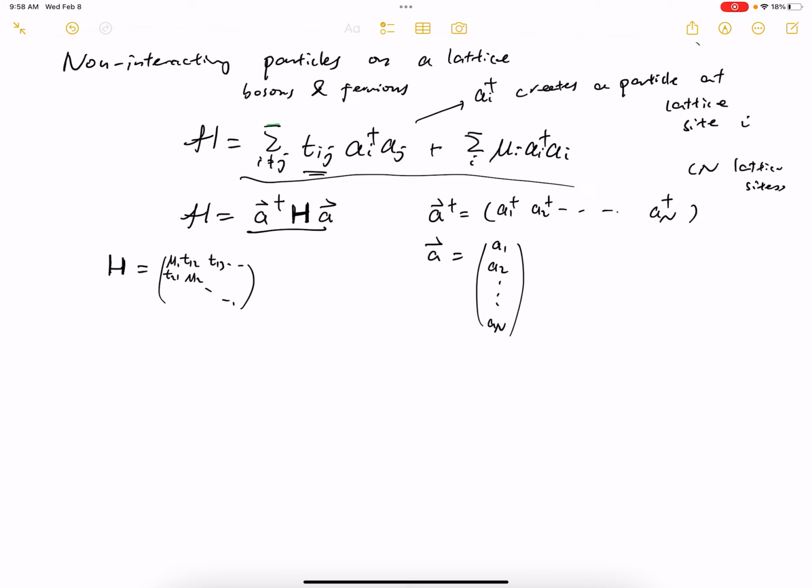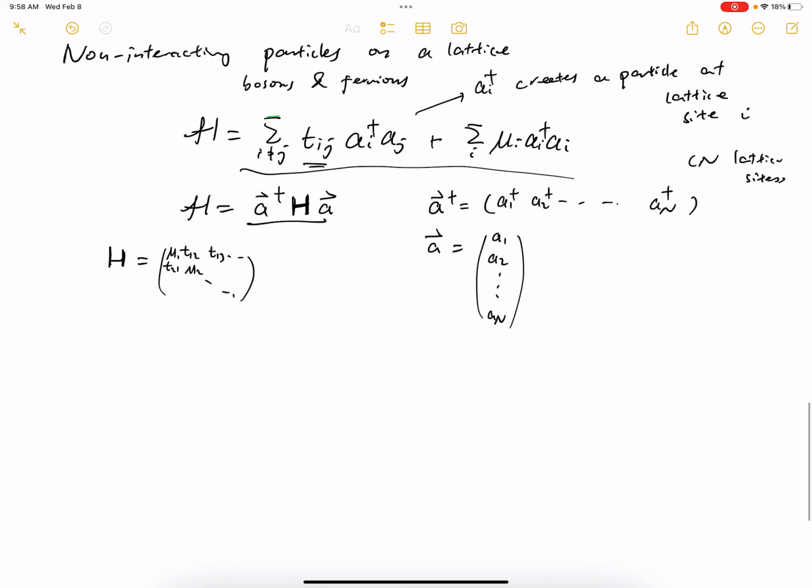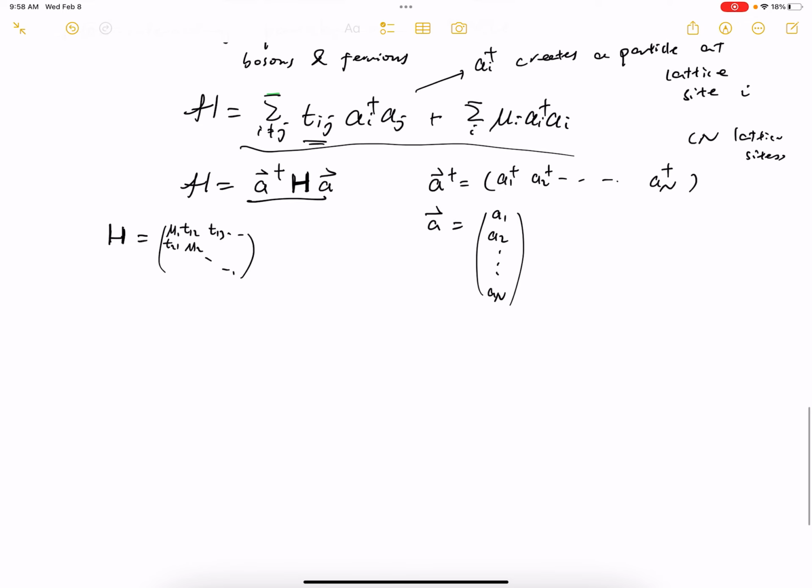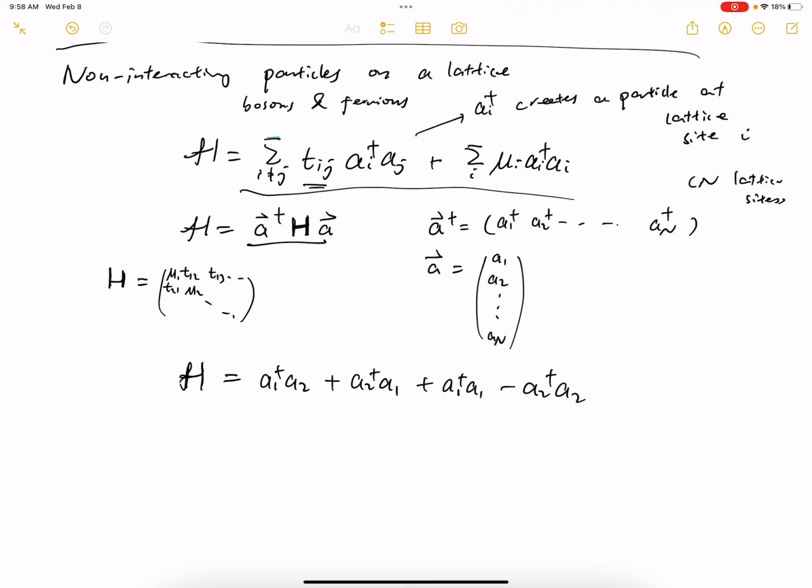Right? So if you don't see this, I can actually give you an example. Suppose I have a Hamiltonian, the top one. It's given by A1 dagger A2, suppose I just have two lattice sites, plus A2 dagger A1 plus A1 dagger A1 minus A2 dagger A2. So this is just a special case of this underlined Hamiltonian here.